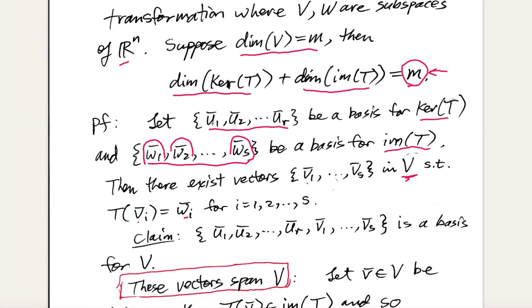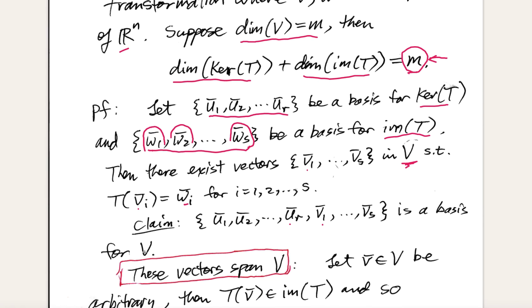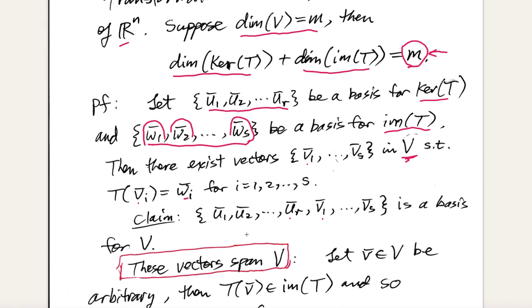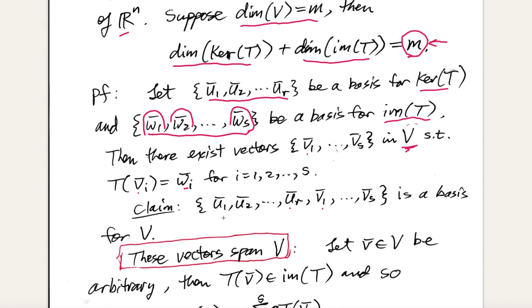Now, I've got these vectors in the subspace V, and I've got this set of vectors in the subspace V, and I'm going to throw them together into one big set. I'll take their union, u1 through ur and v1 through vs, and I claim this is a basis for V. Now, remember the dimension of V is supposed to be M. So if this actually is a basis, there should be a total of M vectors here.